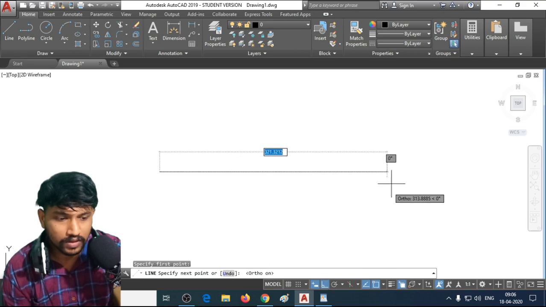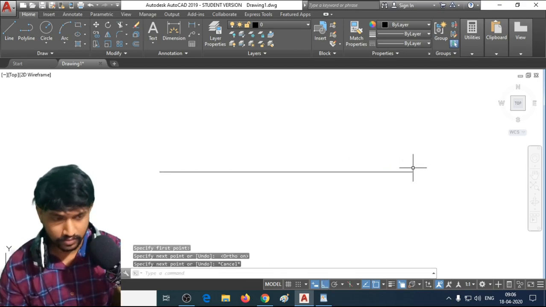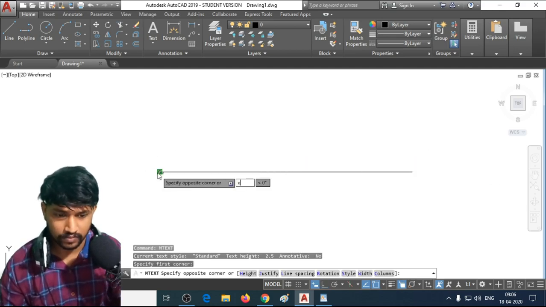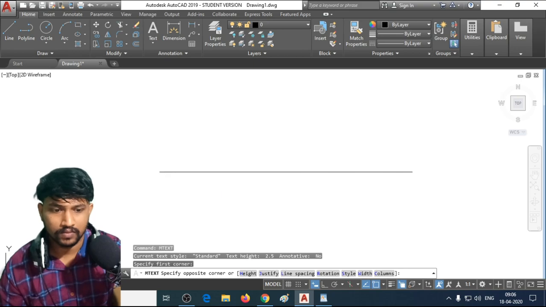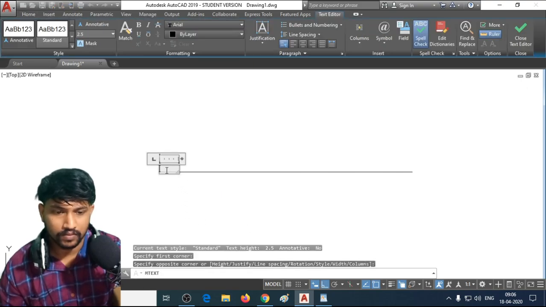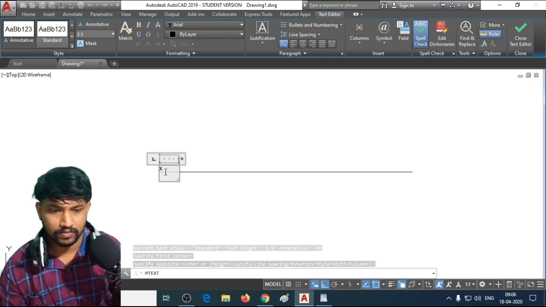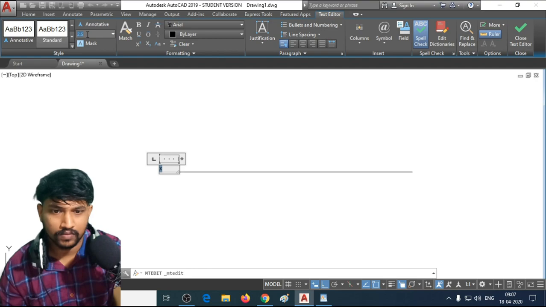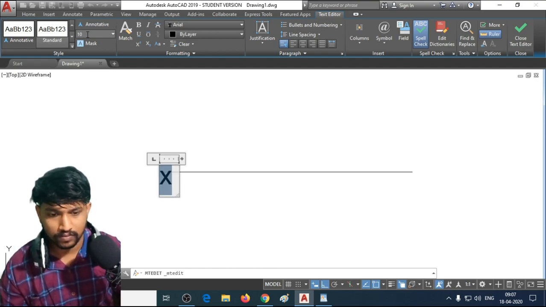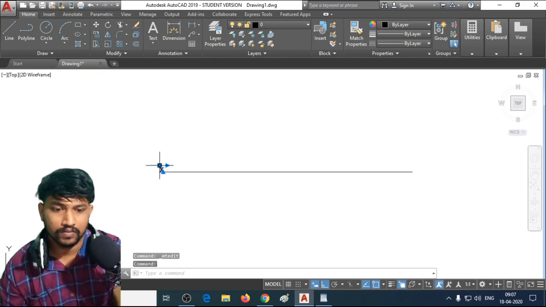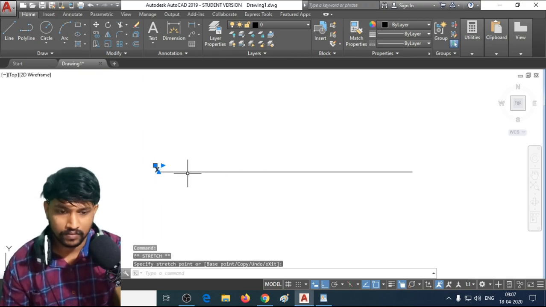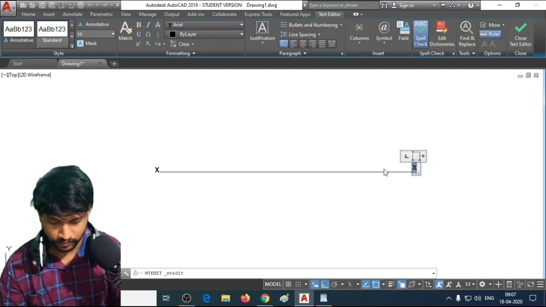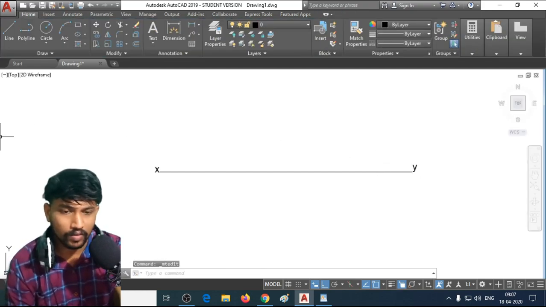This is the XY line that I'm considering.